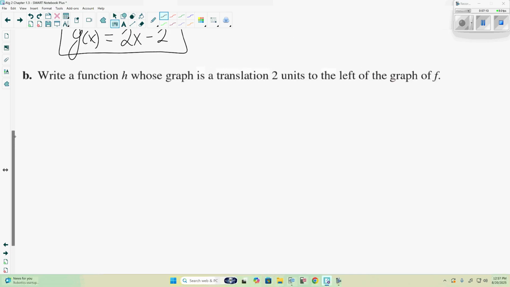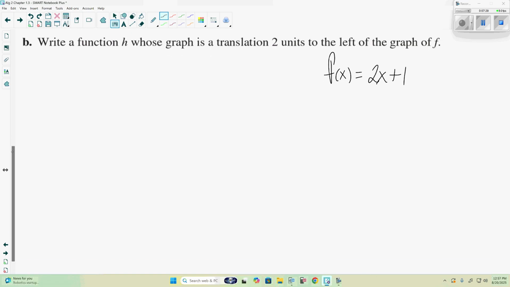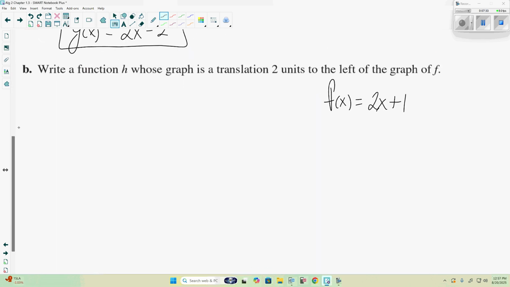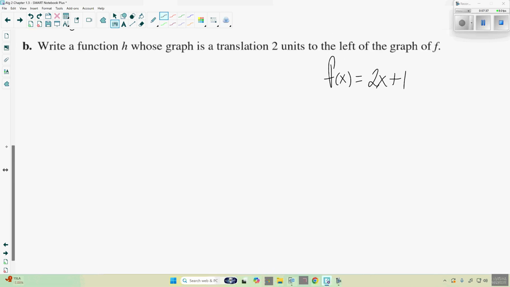Now, I'm going to rewrite f of x. You do not have to rewrite f of x. Okay? I almost feel like I need to give a motion sickness warning for the people watching, but the reason I'm rewriting f of x is for this problem here. I don't want to be doing this for this entire part.